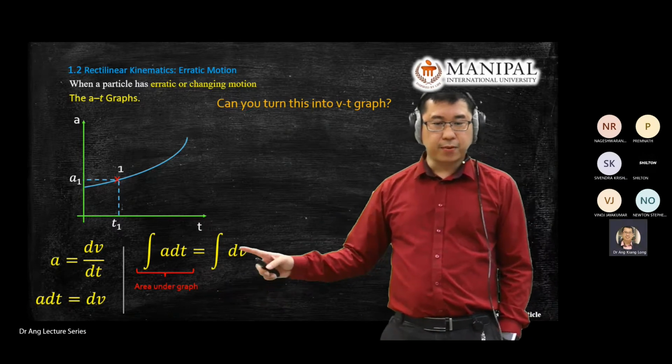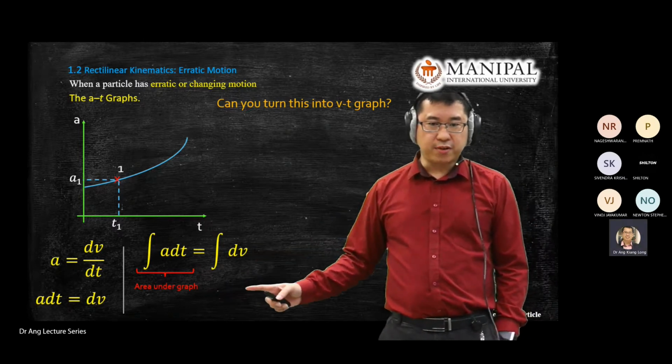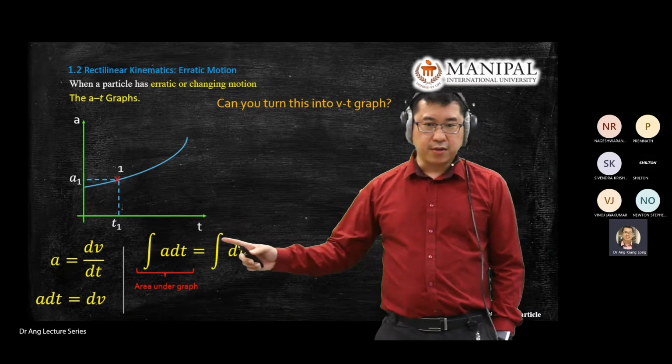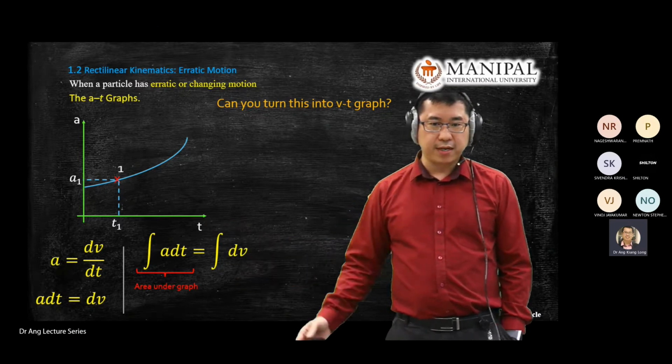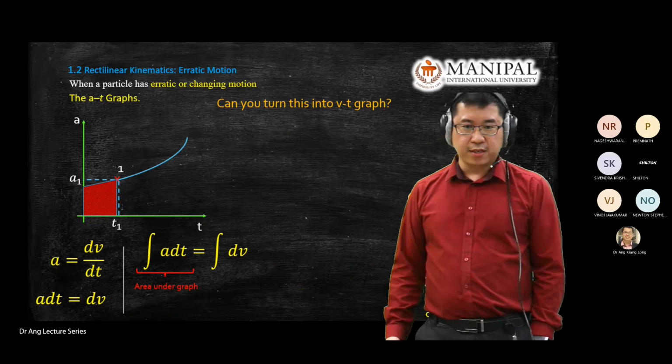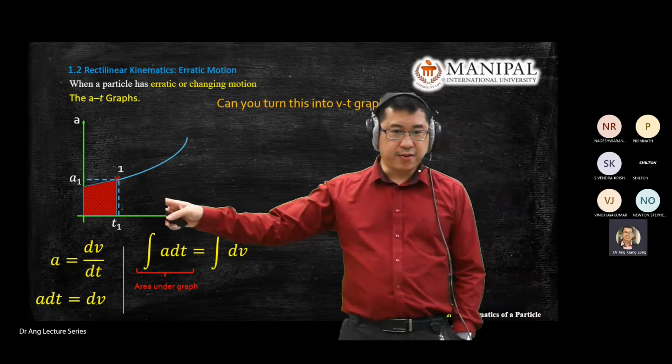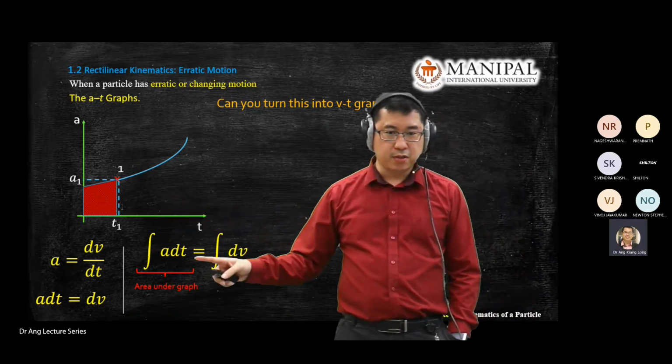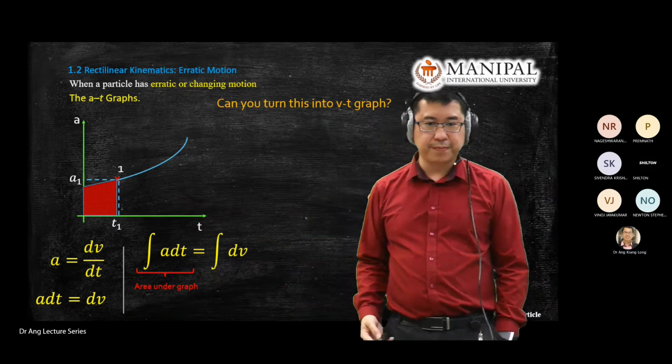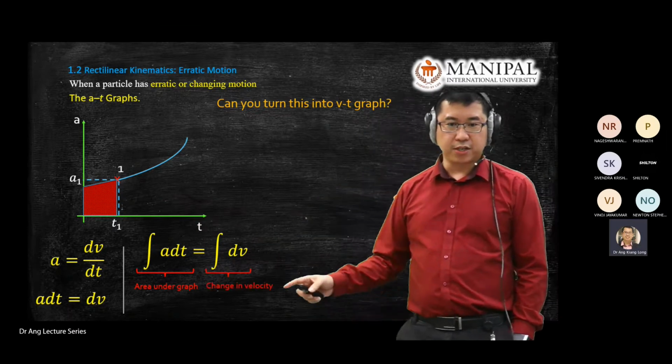This side, if you integrate, you get v, right? You integrate something with 1, you get v. I highlight the area under the graph for you to represent this part. This part is the change of velocity.